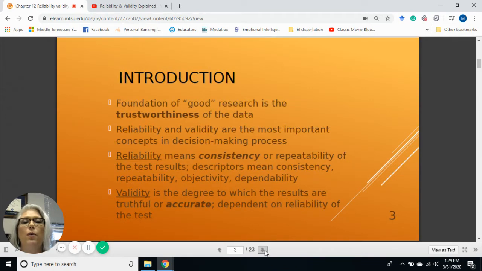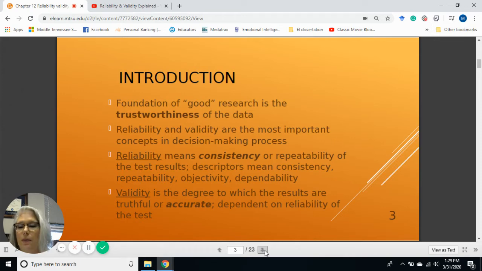Introduction. So we want to have good research that is trustworthy, and that means that the data is reliable and valid. And those are the two most important characteristics to have in our decision-making process about the tests that we choose and what tests are the best for the type of study that we're doing. So reliability, the consistency that the test results are measuring the same thing every time.